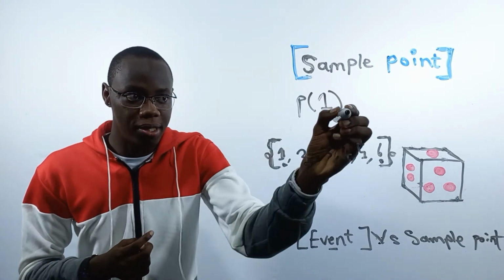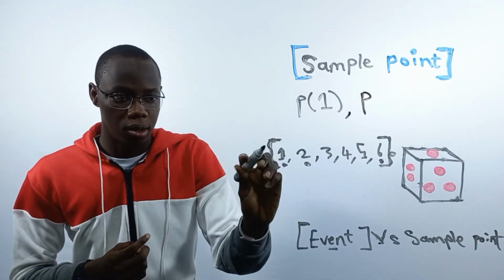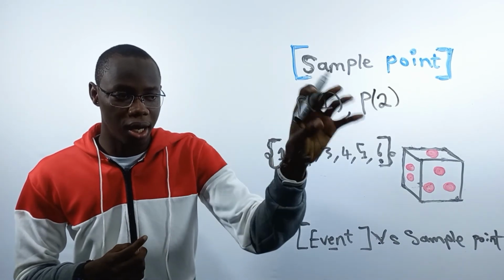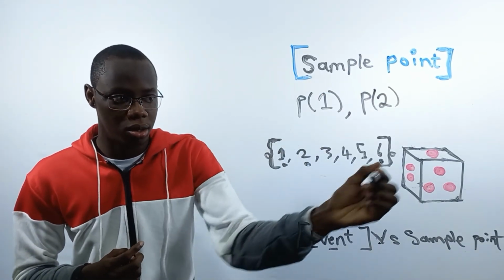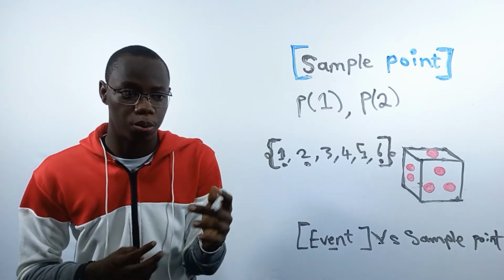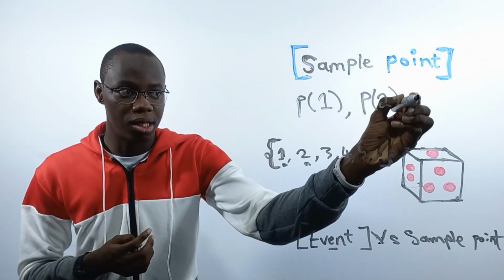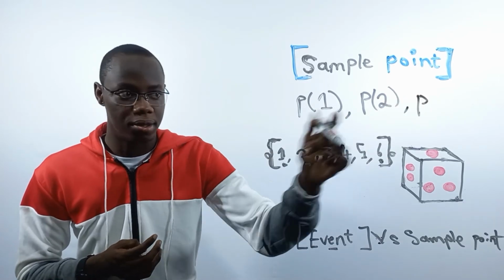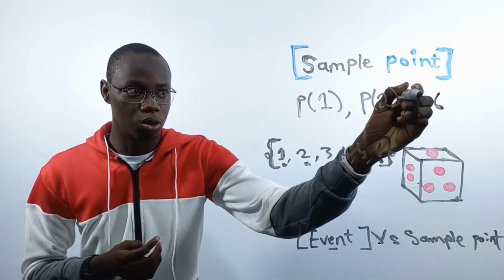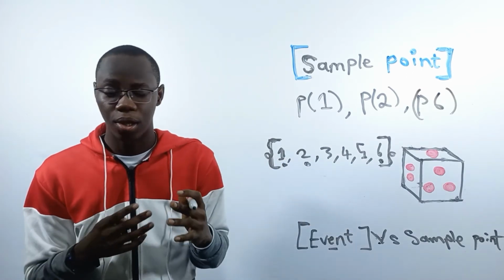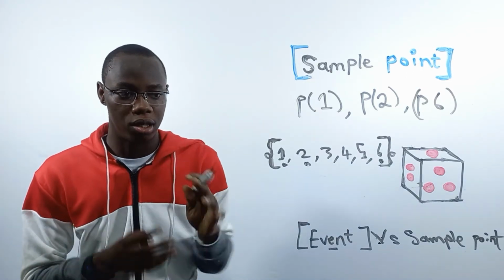The probability that 2 will show up becomes an event. The probability that the side 6, the face 6, will show up is also an event. The moment you assign probability to the sample point, it becomes an event.